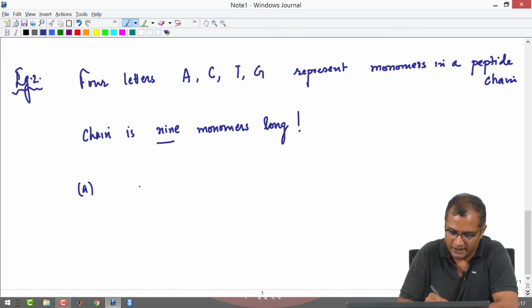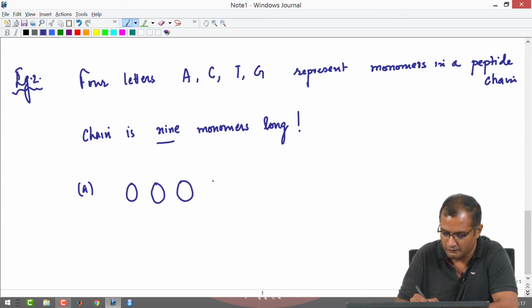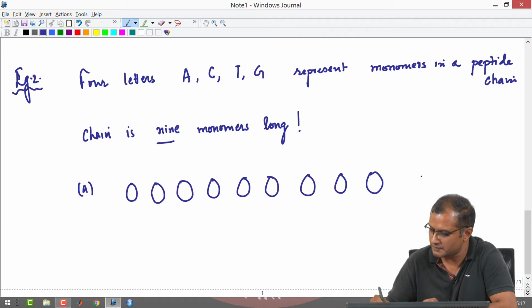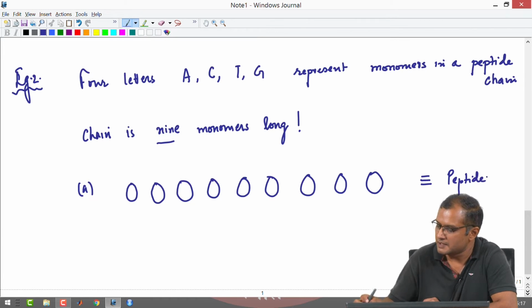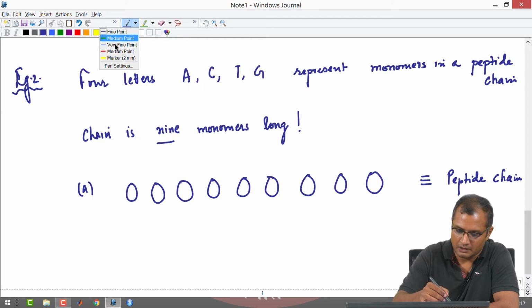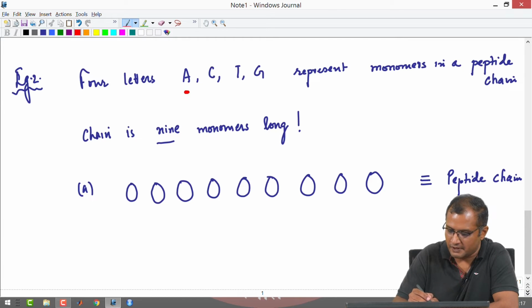So, I have 9 monomers, 1, 2, 3, 4, 5, 6, 7, 8 and 9. So, this is your typical peptide chain, and the empty slots have to be filled with these 4 letters, okay, these 4 letters.